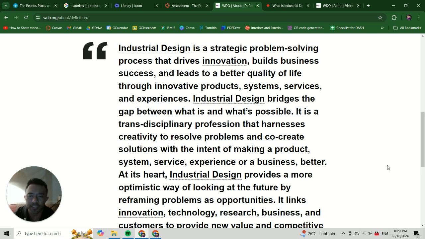It is a transdisciplinary profession that harnesses creativity to resolve problems and co create solutions with the intent of making a product, a system, a service, an experience, or a business better.